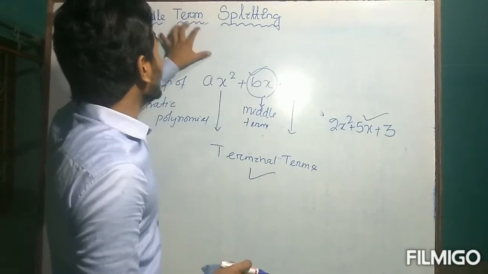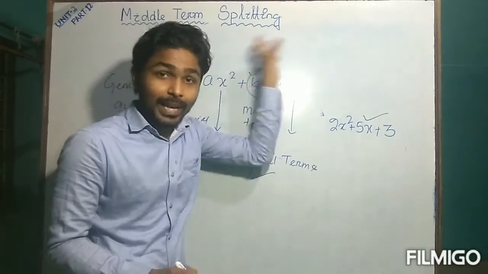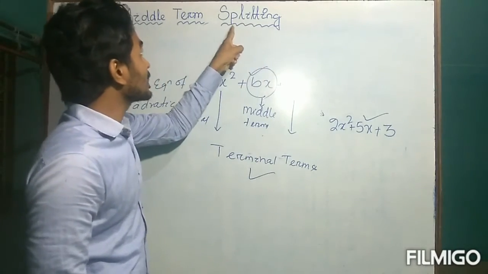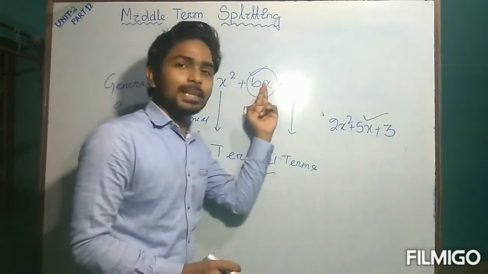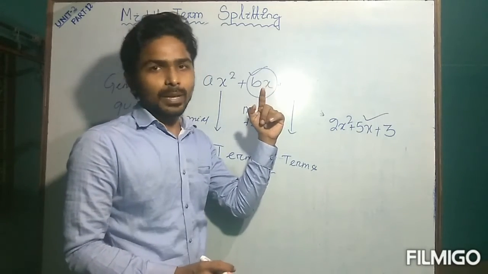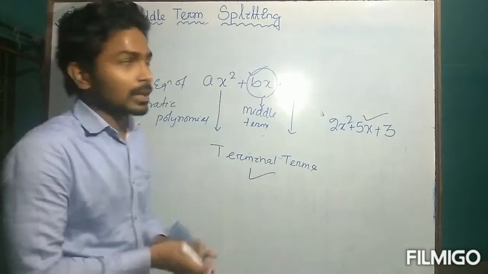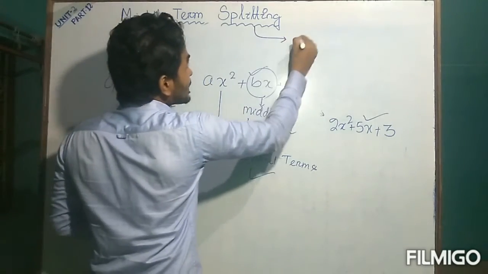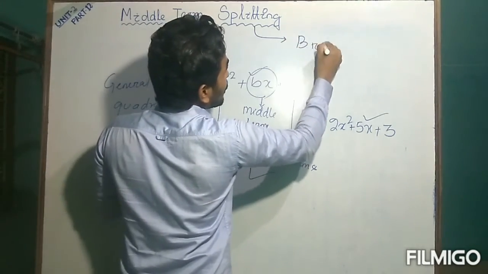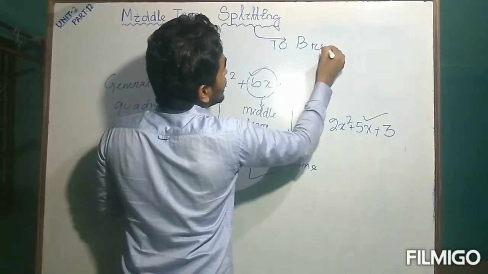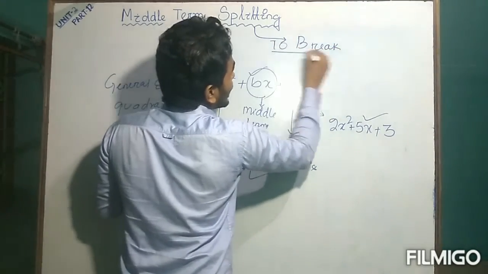Clear? In the middle term splitting method, we have to split the middle term. Here the middle term is bx.